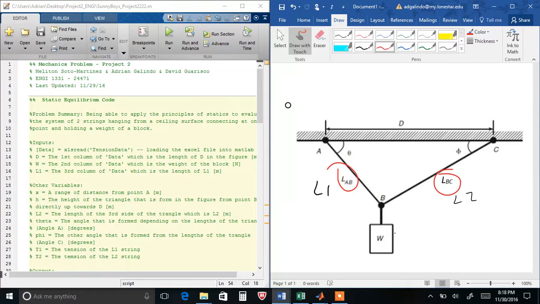What I mean by that is we're going to be altering this figure and creating a range of different lengths, meaning this length will be moving, or D will be changing, or vice versa. With those values being changed, there will be a corresponding max tension for each length. That's what our code is going to be doing.